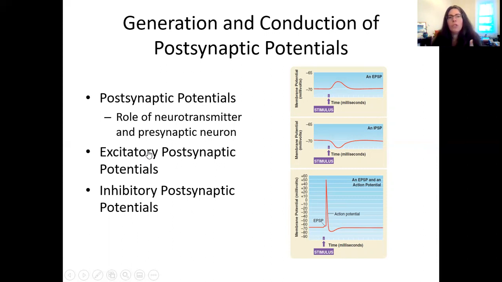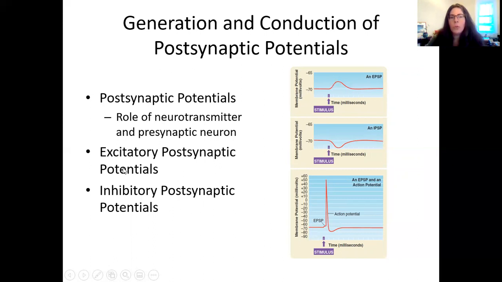Now, there are 2 types of messages that a cell can receive. One message is excitatory. It will make that cell more likely to communicate a message to the next cell. And that's called an excitatory postsynaptic potential. And again, it's a message that's going to change the voltage within the cell, okay?